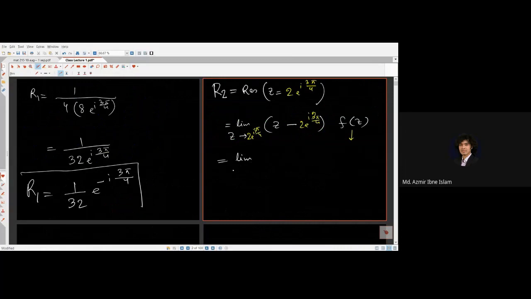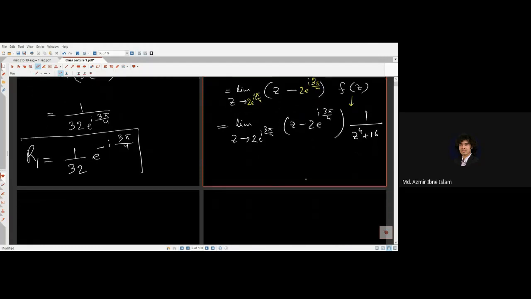So limit z tends to 2 e to the power I 3 pi by 4, (z minus 2 e to the power I 3 pi by 4) over (z to the power 4 plus 16). So now this part can be written here because 1 times something is something.